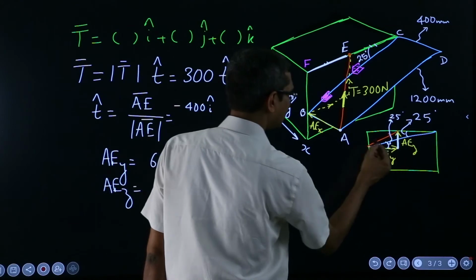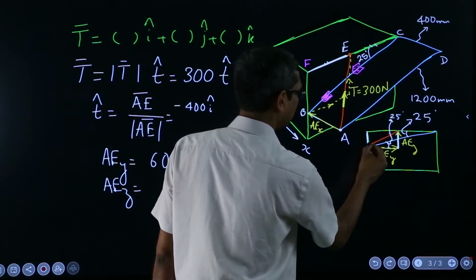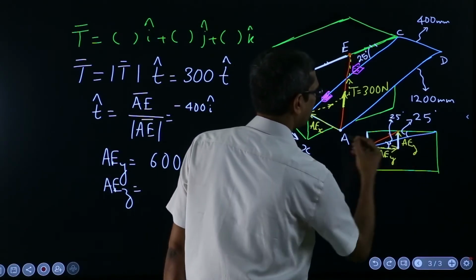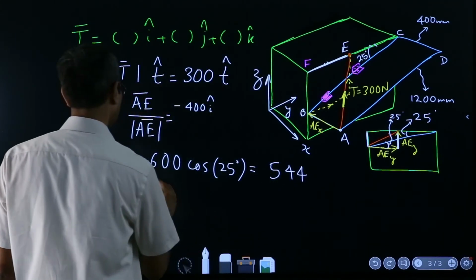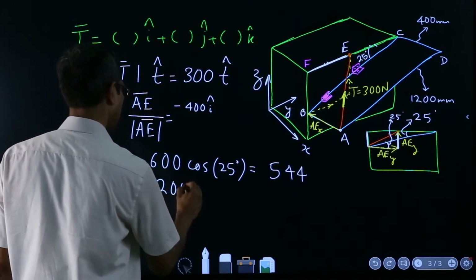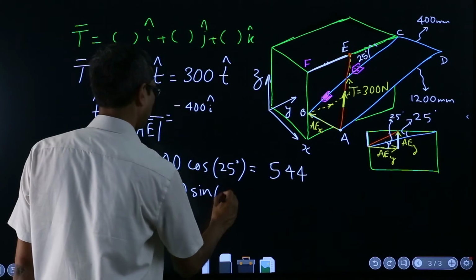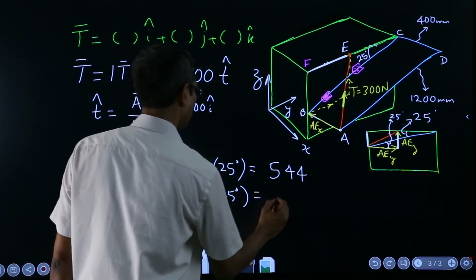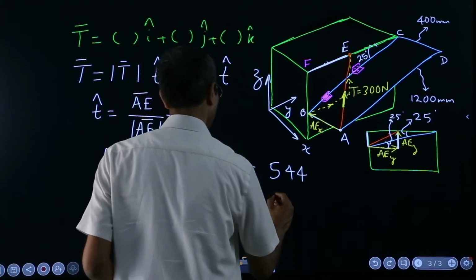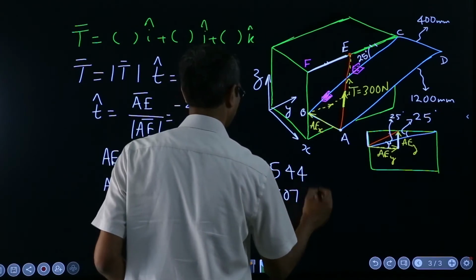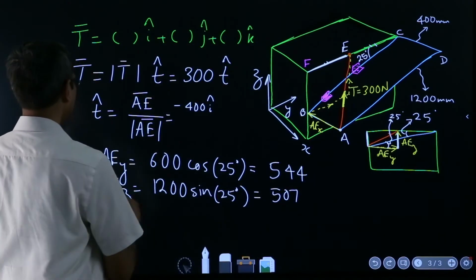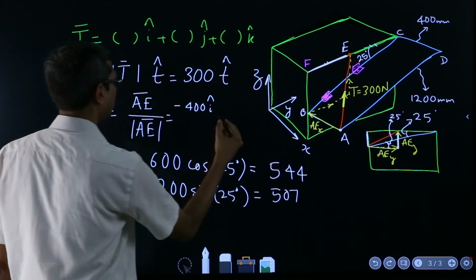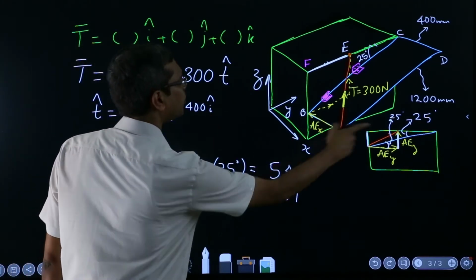So this is equal to this. That means 1200 sine of 25 degrees, which will come out to be 507.